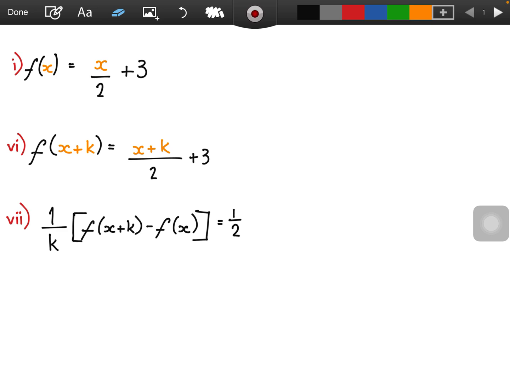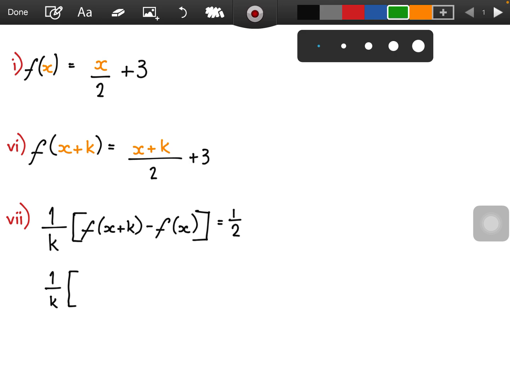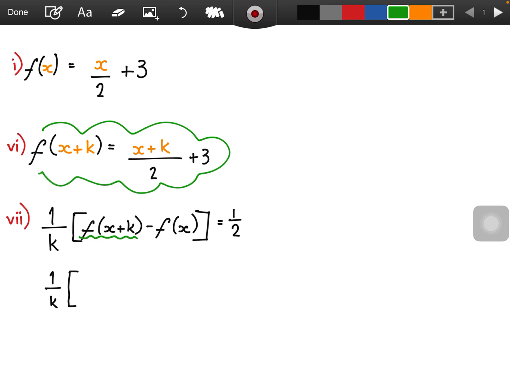Okay, so I'm going to switch out what I know here. 1 over k, we're just going to have to leave as is. And then f of x plus k is right here, so I'm going to switch that out for what it's equal to: x plus k over 2 plus 3.